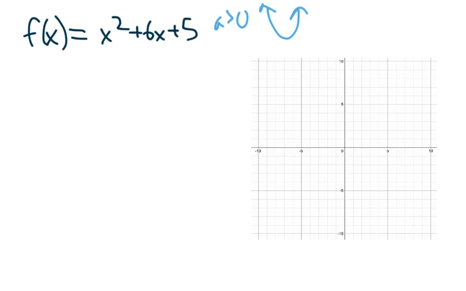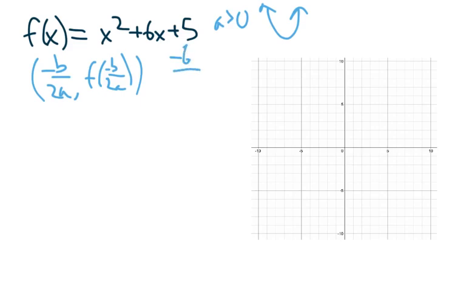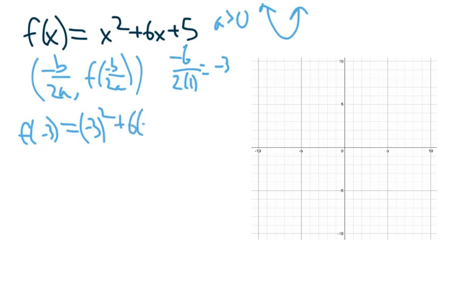First thing I'll do is negative b over 2a, comma, f of negative b over 2a, to find that vertex. Negative b over 2a is negative 6 over 2 times 1, which simplifies to negative 3. f of negative 3 is negative 3 quantity squared plus 6 times negative 3 plus 5.